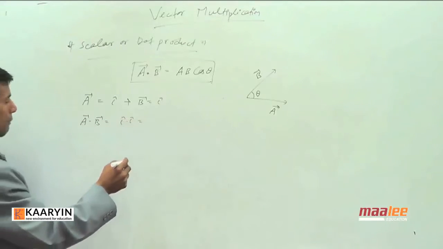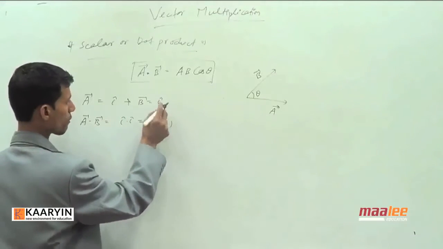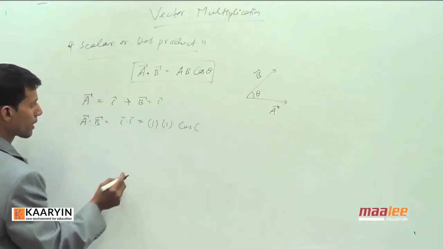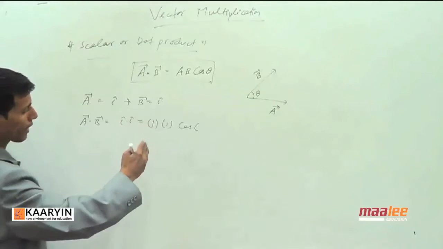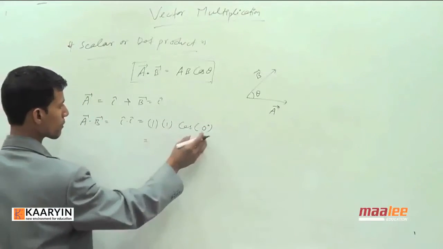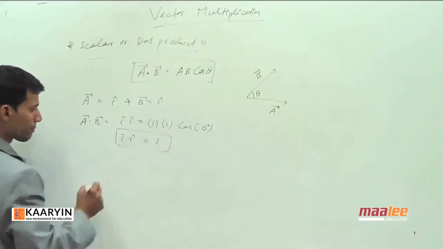The magnitude of A is 1, B is also 1 because both are unit vectors, and the angle between A and B is 0 degrees because both point towards the x-axis. So cos 0 becomes 1, so i dot i equals 1.